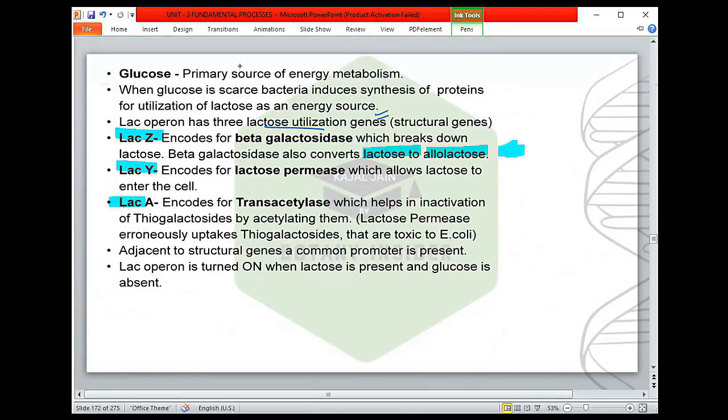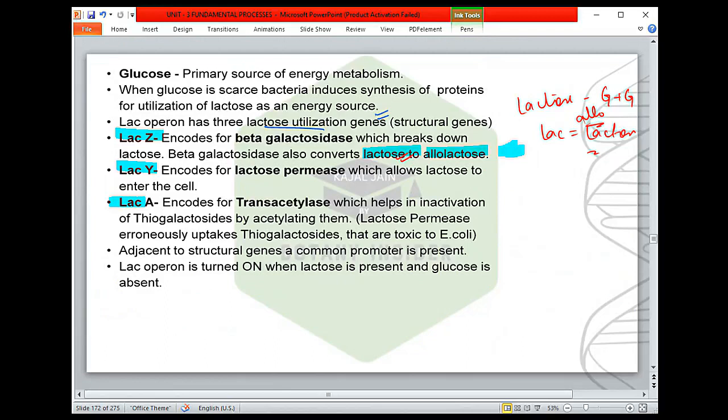Remember the main thing over here is that beta galactosidase, in addition to converting lactose to glucose plus galactose, can also convert lactose into your allolactose. Okay, what is allolactose? It would be working as the actual inducer, meaning to initiate the main process.